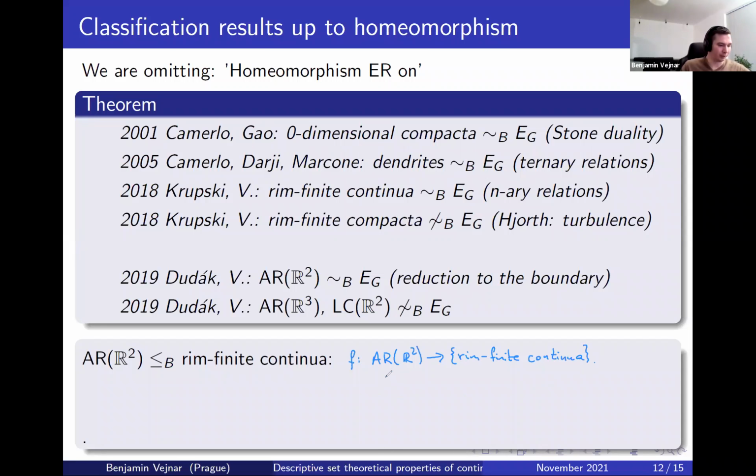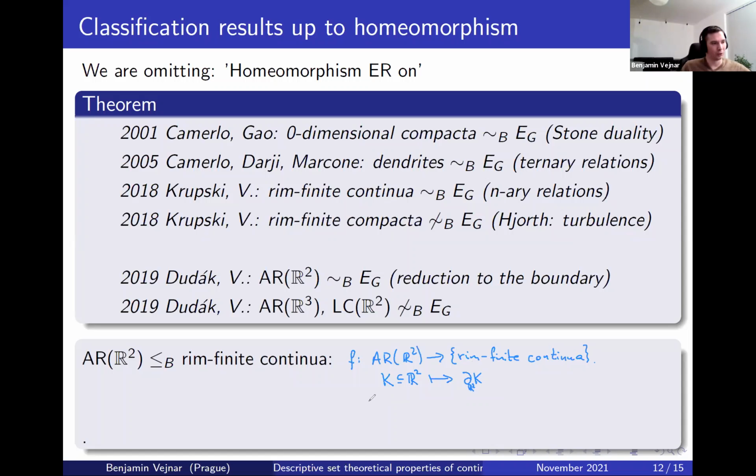And we observe that you can just take some K in R2 and you assign to it its boundary in R2. And we were able to prove that this is really a rim-finite continuum.